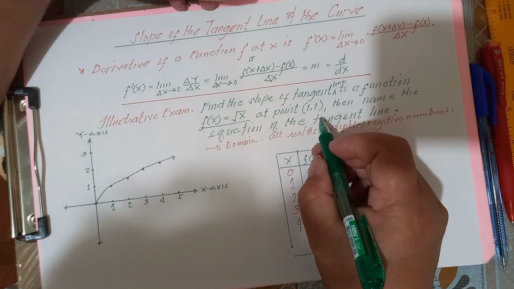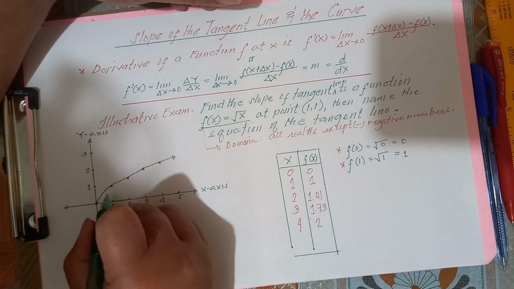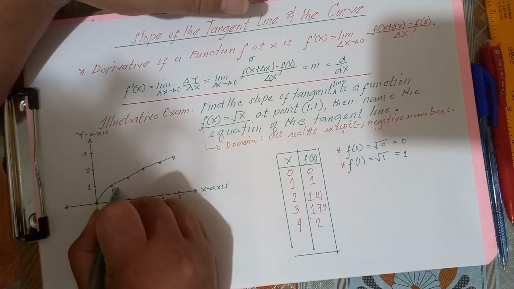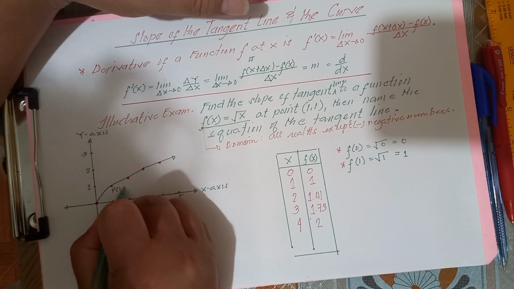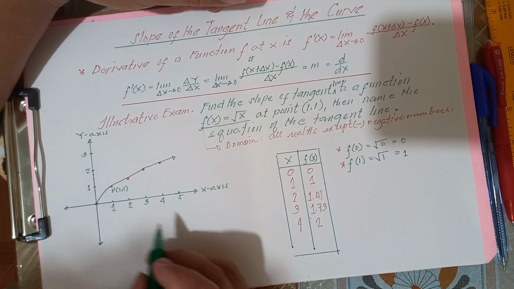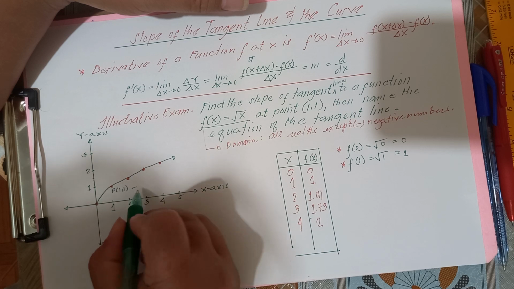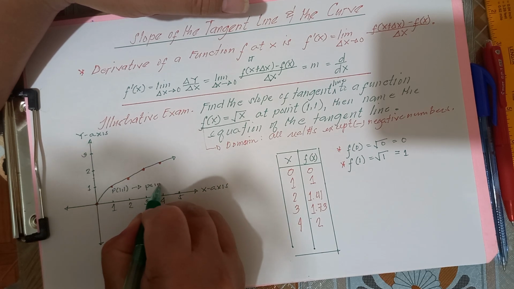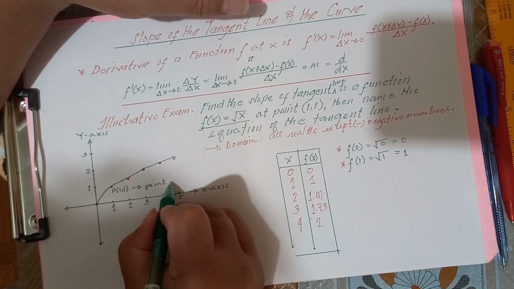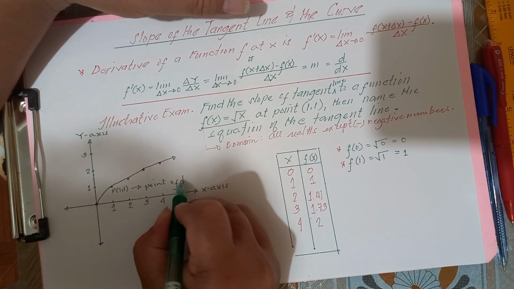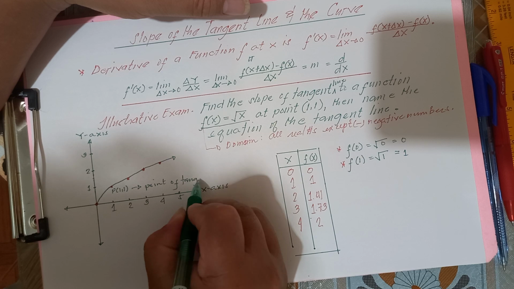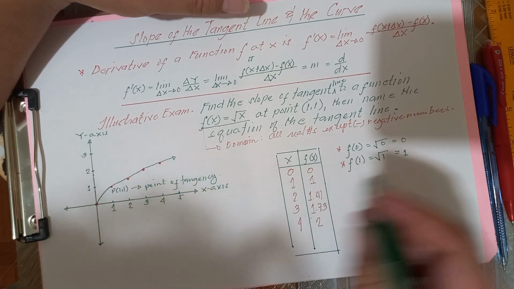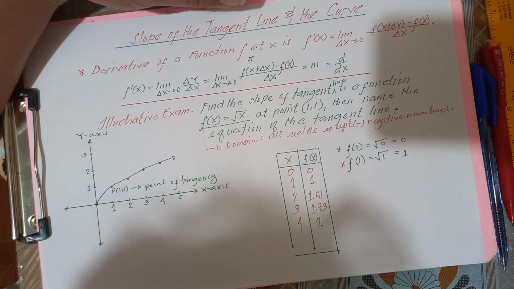So that is called now the point of tangency. This is 1 and 1. We call this one the point of tangency.